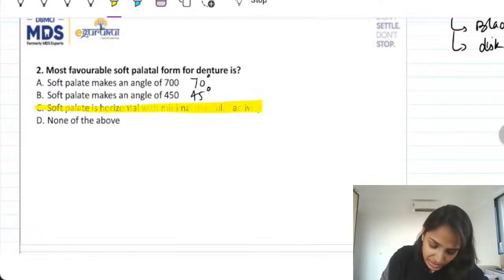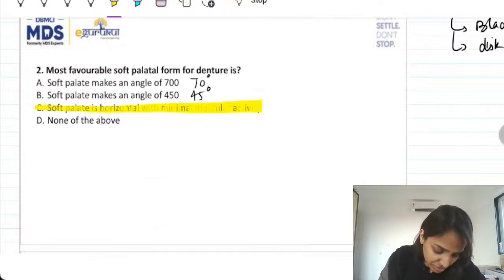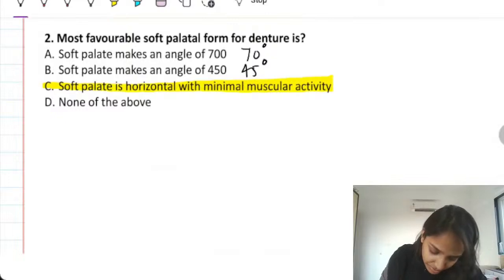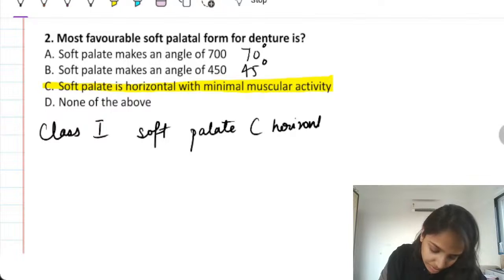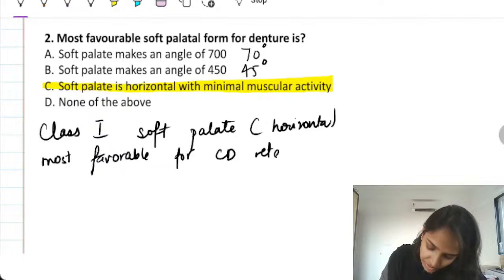Now there are direct lines in your Zarb Bolender or your Boucher's pertaining to this, that class 1 of soft palate, which is horizontal, is most favorable for CD retention.